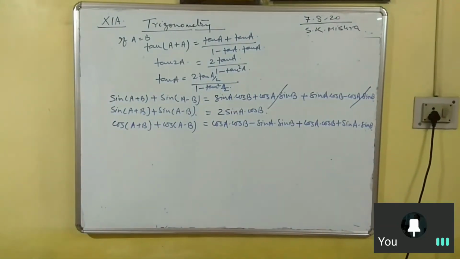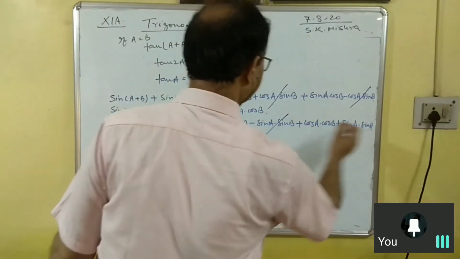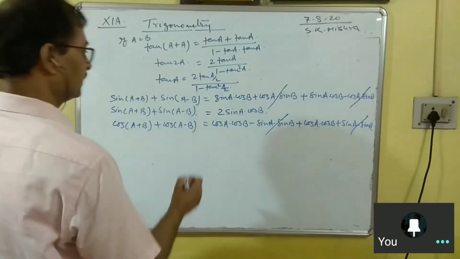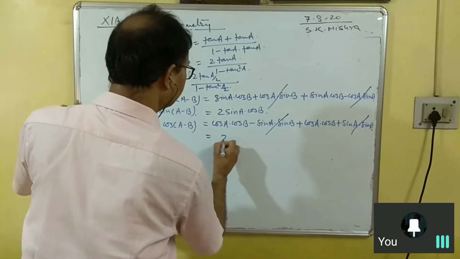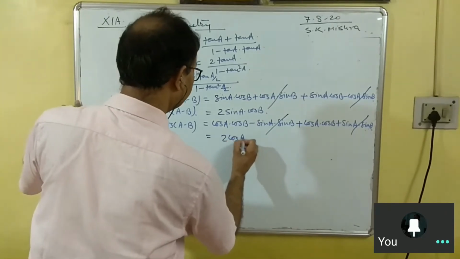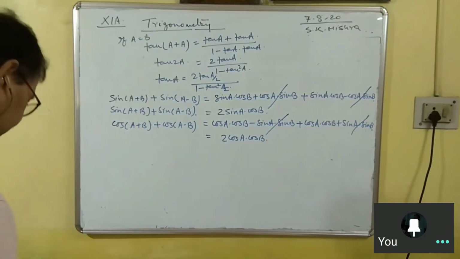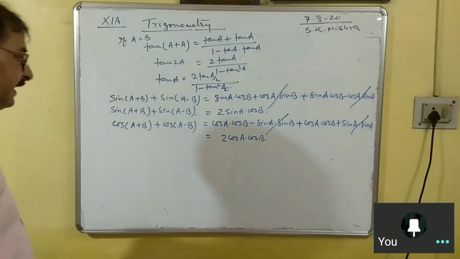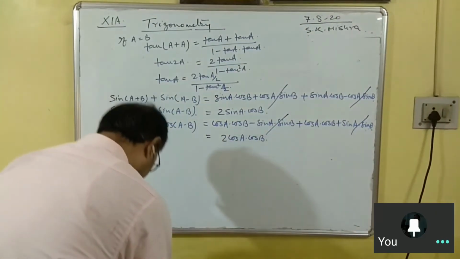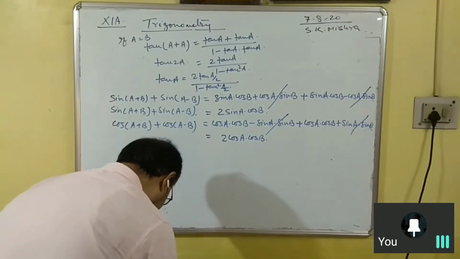The sin A sin B terms will cancel out, and the final result is 2 cos A into cos B. So this formula for cos A plus B plus cos A minus B we have written.